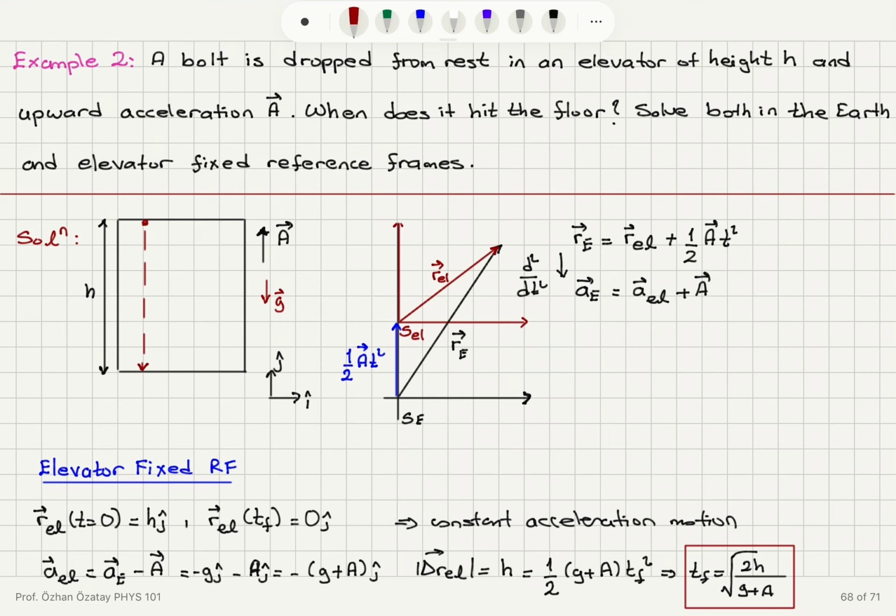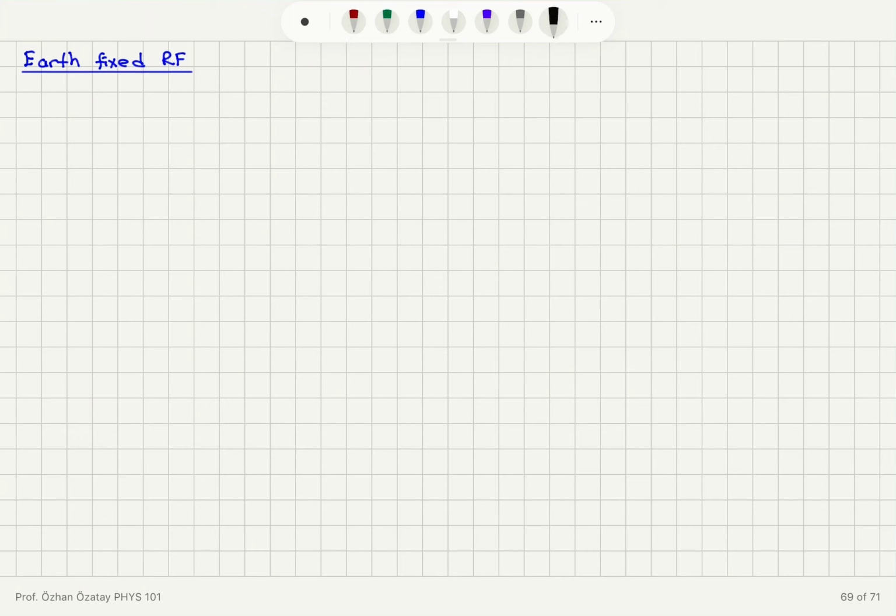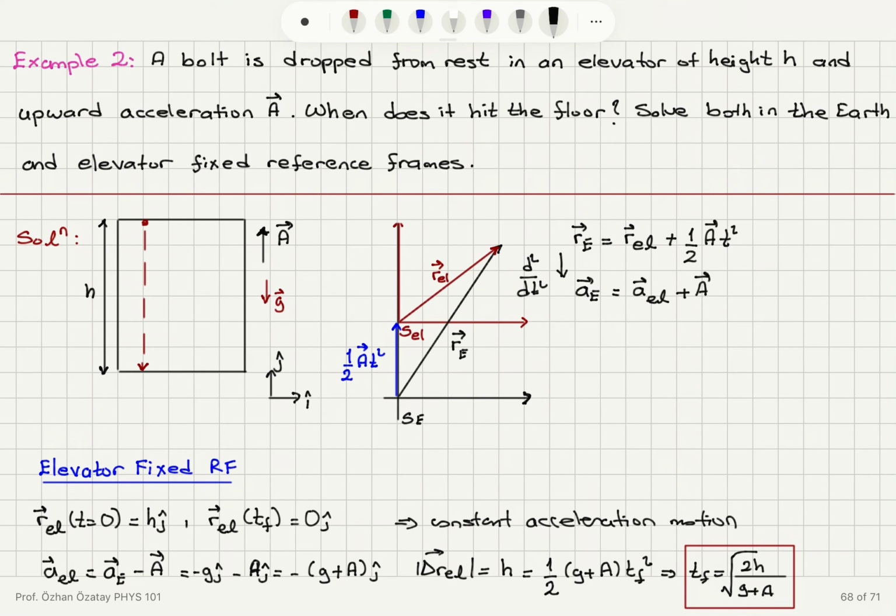Now we can take a look at it in the Earth fixed reference frame. In the Earth fixed reference frame, our position at t equals 0 is h j hat, and our position at the final time t final is 1 over 2 a t final squared j hat, because that's the distance the elevator travels.